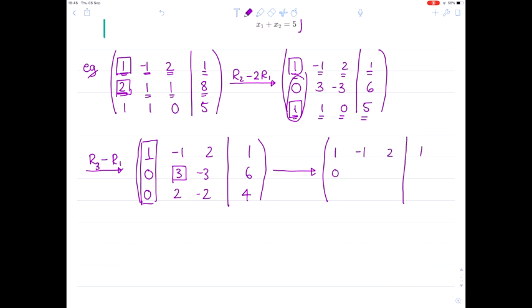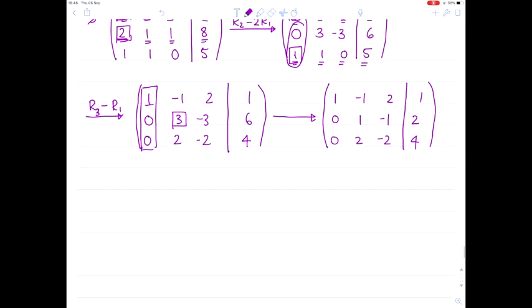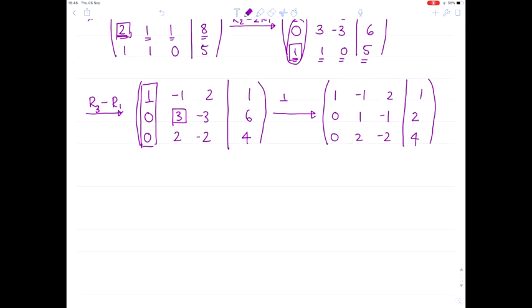I've got 0, 3 divided by 3 is 1, minus 3 divided by 3 is minus 1, 6 divided by 3 is 2, and I haven't done anything to my first row or my third row. So this was 1/3 row 2. So now I have my leading 1 in this row, so I need to have zeros above and below it.